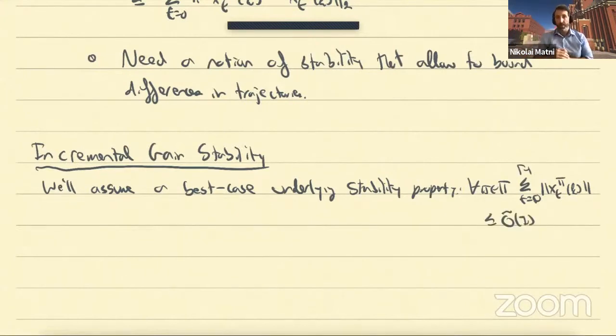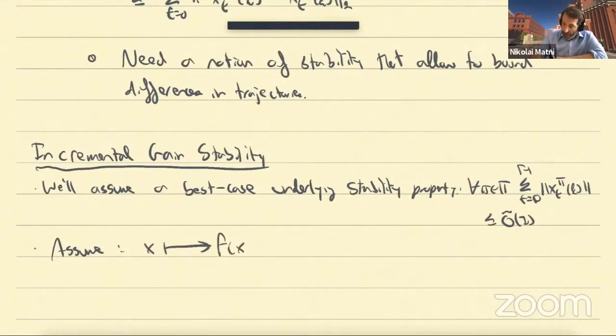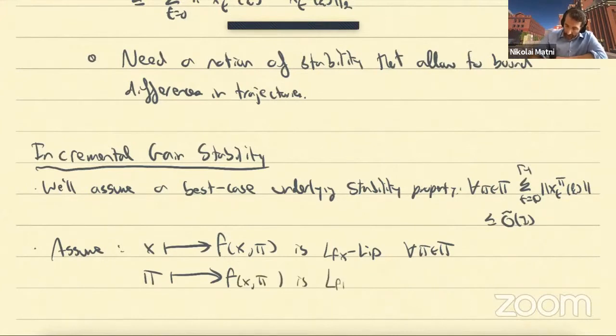So let's assume, for simplicity here, that we're either in the regime where a is greater than 1, or we have an exponential stability. Let's see what this gets us if we don't do anything clever. We'll also assume the following. We'll assume that the map from x to f of x pi is LFX Lipschitz for all pi and pi, and that the map from pi to f of x pi is LF pi Lipschitz for all x.